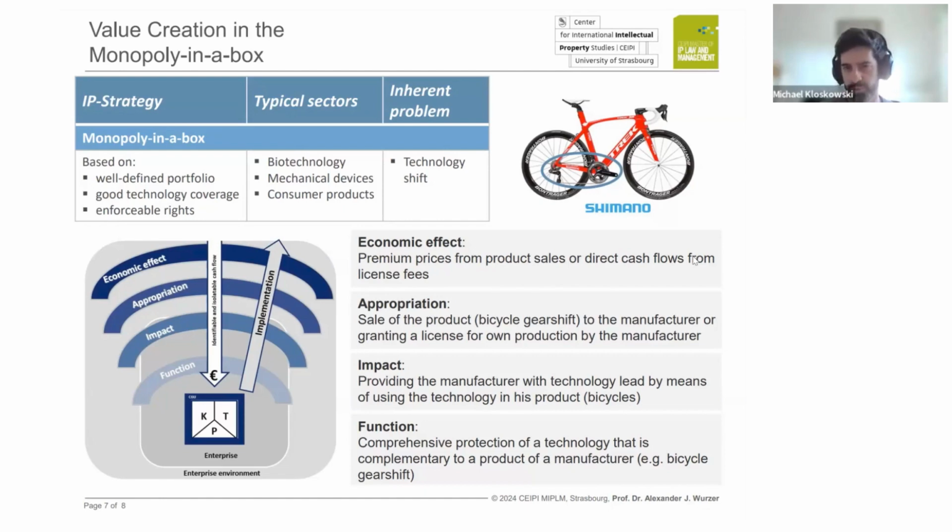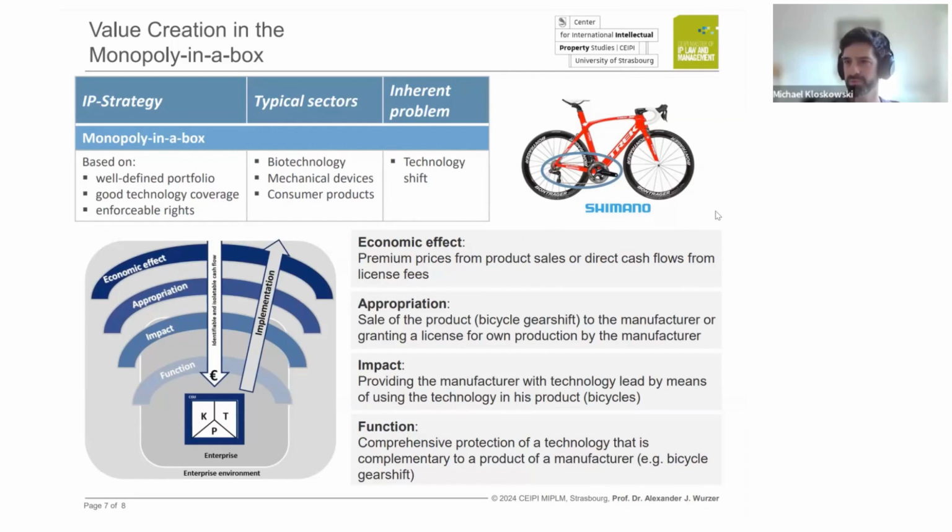Concerning the impact, that leads to a technological lead that is connected with a name, Shimano, with a company, and later on also with the final product, the bicycle, for example. That brings us to the appropriation.